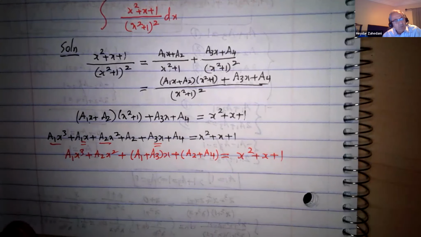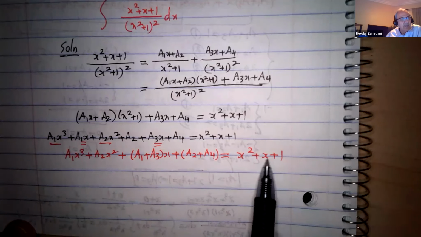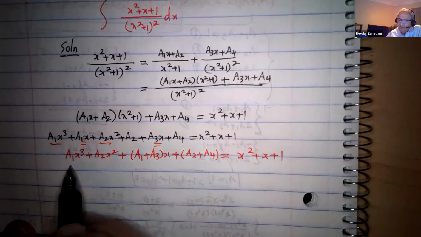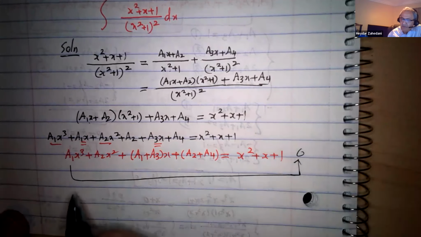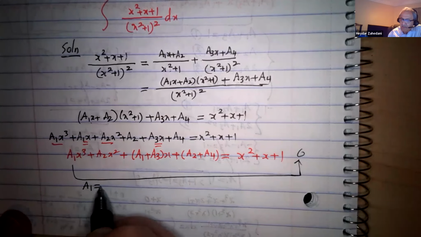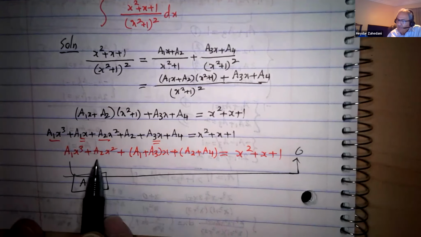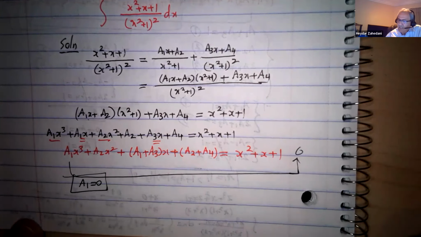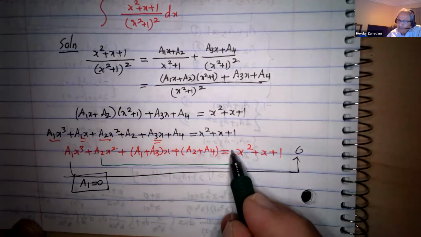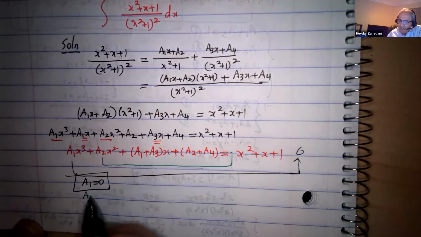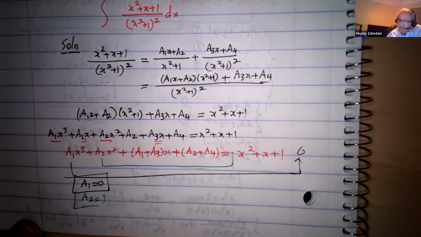Now we need the coefficients to be equal to each other. You see, this is x cubed. We don't have any x cubed here. It's like the coefficient is 0. So the a1 is 0. That's the a1. a2, the coefficient of the x squared, so the a2 would be 1.